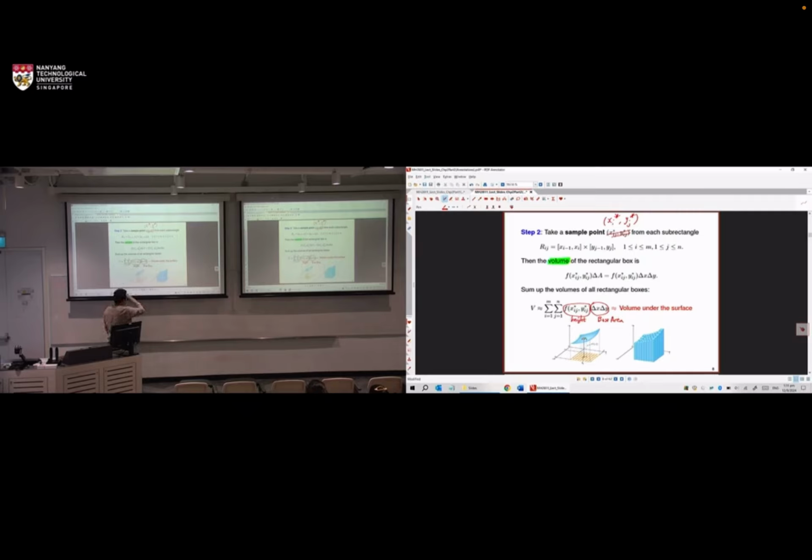Now, this gives you one rectangular block only. But now you are in x and y, so you are doing a for loop. In order to cover the entire volume here, you need to sweep along the x, and you need to sweep along the y.